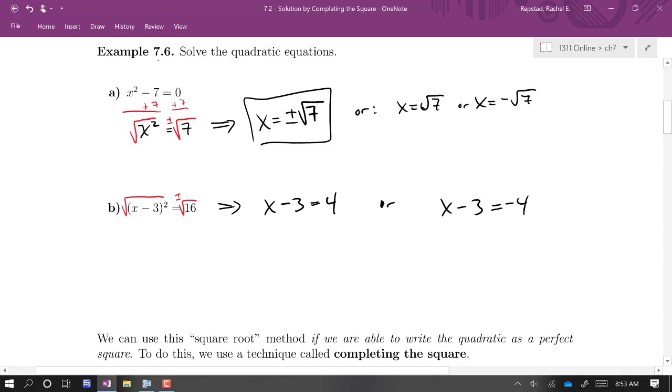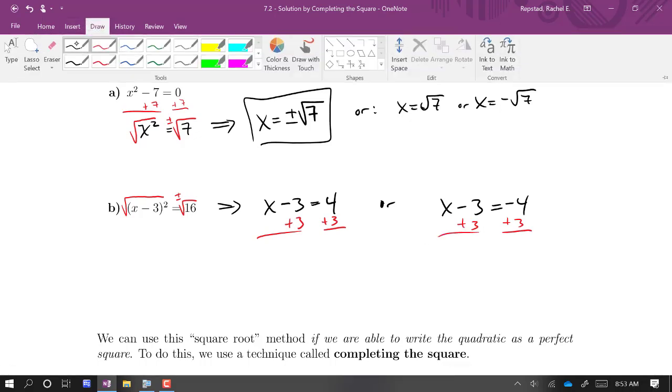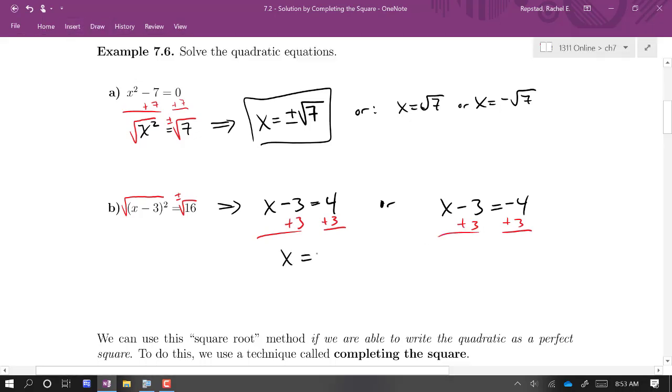And now we just add 3 to both sides for both of these equations to get our solutions. So we get x equals 7 or x equals negative 1.